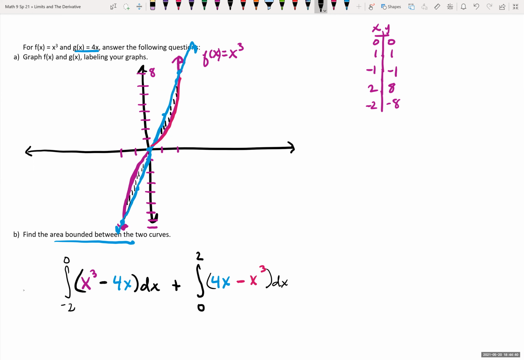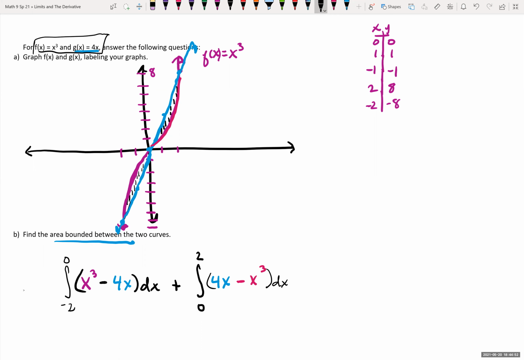And we can show where the intersections are, not just by graphing, and sometimes graphing it's kind of hard to see it. We didn't graph right or where they're intersecting, but we can find where they're intersecting by setting those two equations equal to each other. So when is x cubed equal to 4x? Well, let's set this equal to 0.